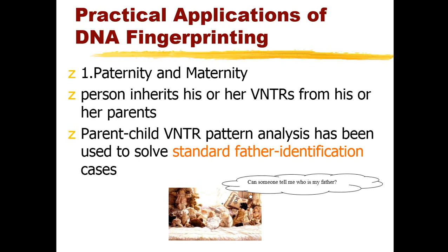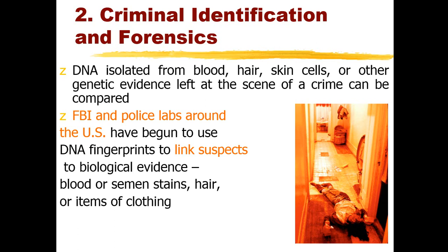Applications of fingerprinting in paternity and maternity disputes. A person inherits his or her VNTRs from parents. Parent-child VNTR pattern analysis has been used to solve standard father identification cases. Second is criminal identification.